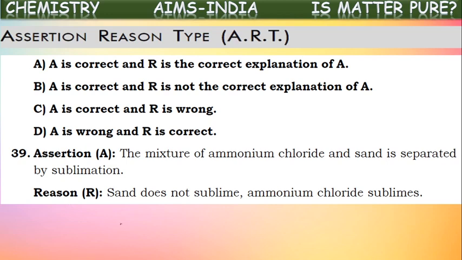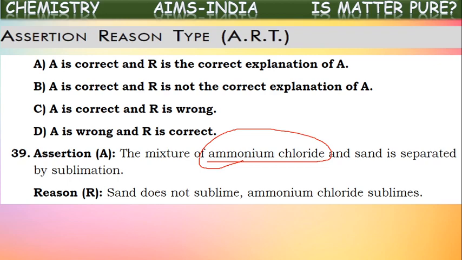Out of these two compounds, ammonium chloride is a sublimable substance. That means ammonium chloride converts directly from solid state to gaseous state without coming into liquid state. Sand won't sublime. So the mixture of these two can be separated by using the sublimation technique.